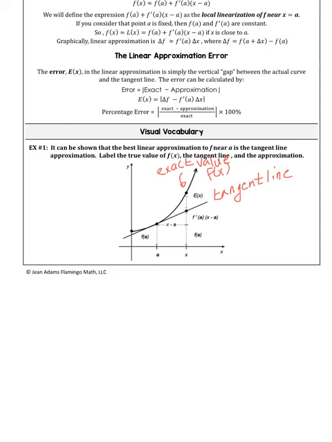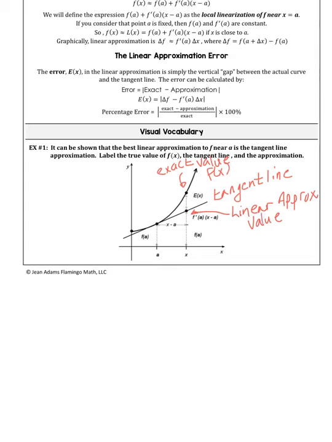So this point right here on this tangent line is our linear approximation value. So you might want to write that in there. I'm going to abbreviate that, L, approximation value.